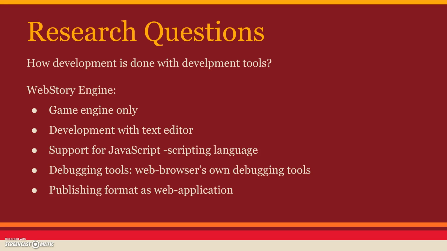Web Story Engine doesn't have its own debugging tools, but it uses the web browser's own debugging tools. The publishing format is a web application, which means the application runs in the browser window and can be played over the internet, but that requires that the files are uploaded to a server.